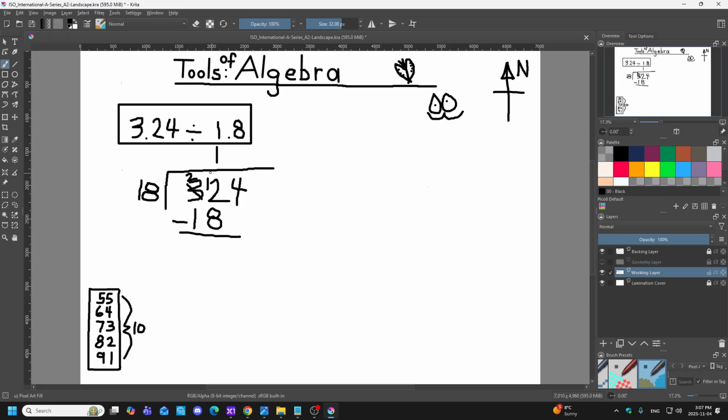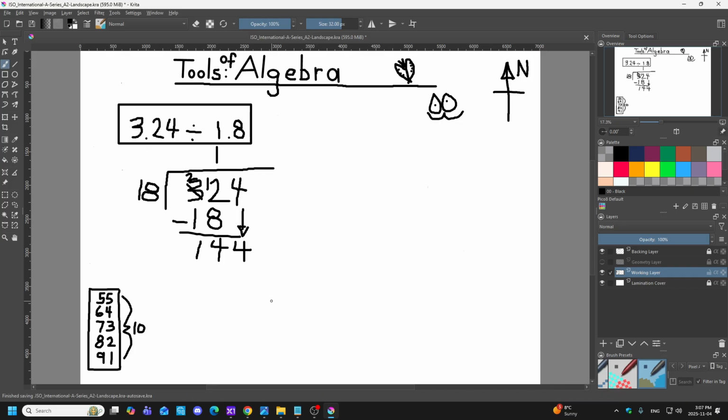So right here, we now have 12 subtract 8, which gives us 4. We still have 2 here because we borrowed from the 3. 2 take away 1 is 1. We are left with 14. So now at this point, we bring down our 4. We have the number 144 now.